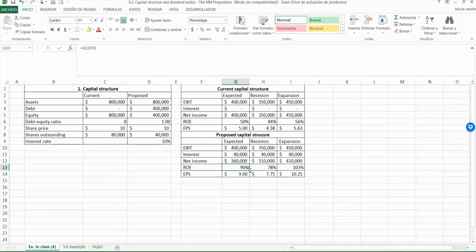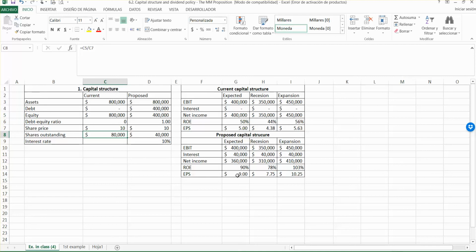Although it depends on the firm and the market and other factors that could change this theory. So as we can see, our return on equity is higher, and obviously the equity per share will be higher, even though the shares outstanding is lower than the current option.